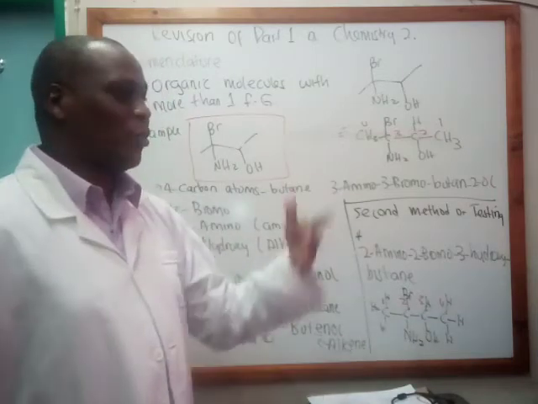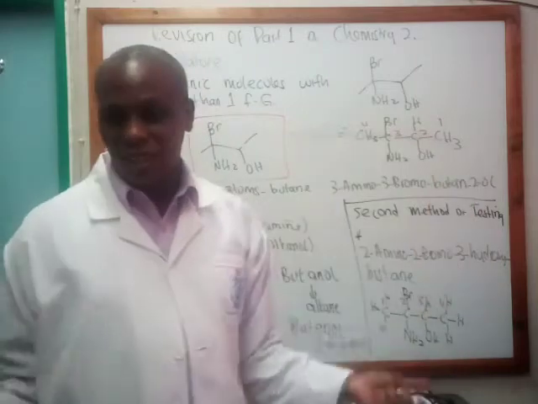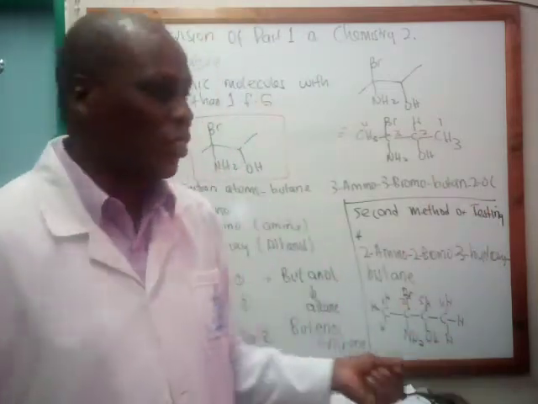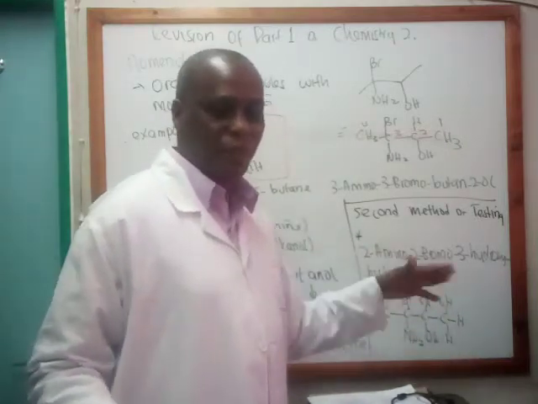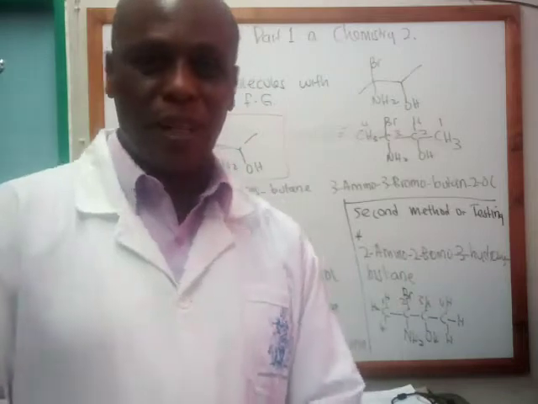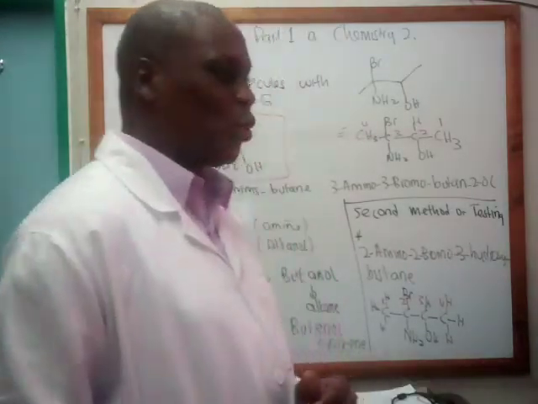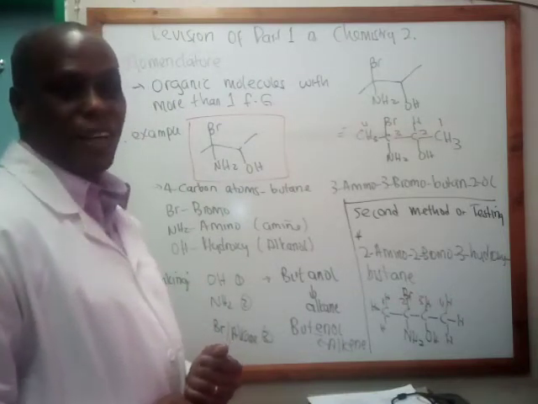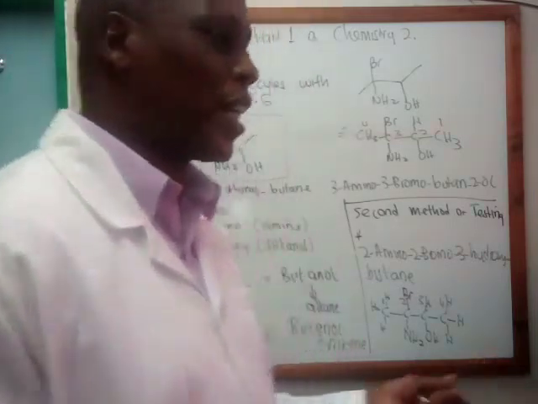The second, which is the more favorite method, is that you can be given a name which is not correct, and then you're supposed to generate a structure, and then from the structure come up with a proper IUPAC name. I hope it's clear on that. Those are the 2 ways in which testing of IUPAC naming of organic molecules can be done.